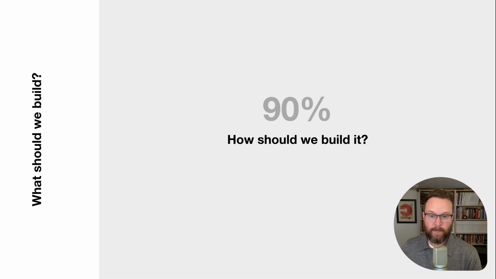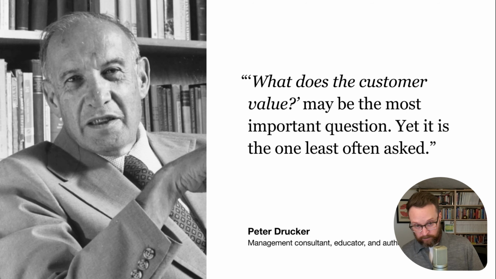And that's what majority of what people do are documenting, processing, building the process. I would say 10, maybe 20% of a company's energy and effort is spent on what should we build. And that is harder to do. It's harder to come up. It's harder than it seems to come up with the right thing to build. And that's what I want to talk about, why that might be.